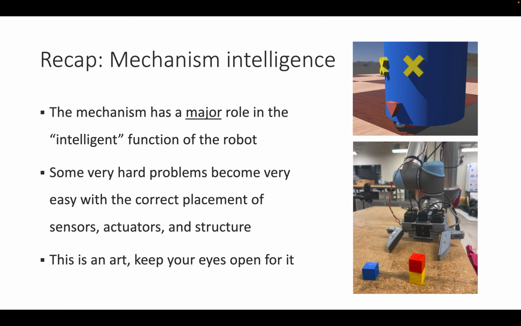For example, if you have a robotic hand that has a camera right in the palm, it can see these blocks all the time, which is a much easier problem to solve in terms of the algorithms that you have to come up with and the code that you have to write, than if the robot arm can potentially occlude the blocks when the camera is mounted somewhere else in the environment.